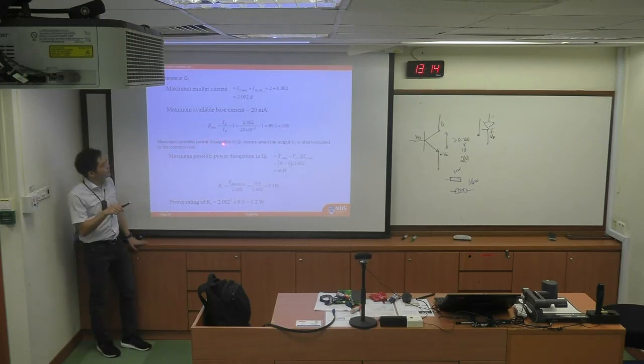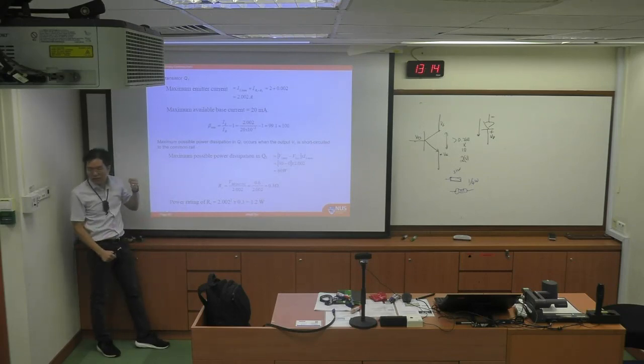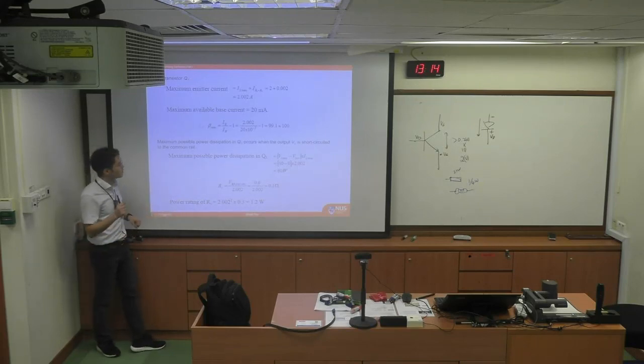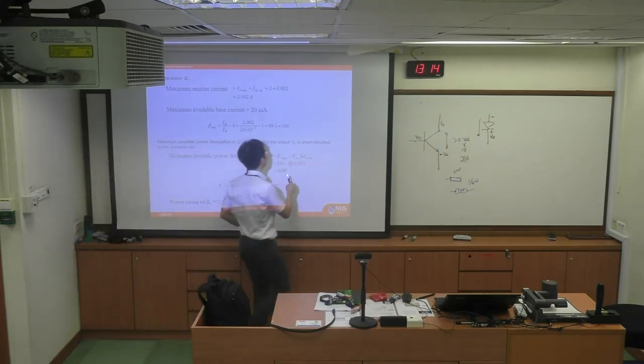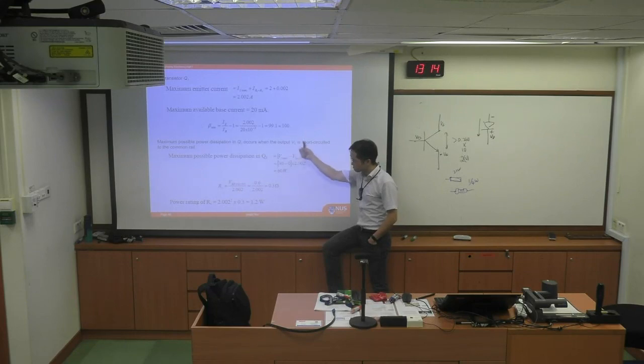Maximum power dissipation in Q1 occurs when the output load is short-circuited, meaning that your output is directly connected to ground. Then your load current will be maximum. Of course, in a real situation, because of the protection circuit, this never happens. But if you short the output to ground, that means the load voltage is 0.